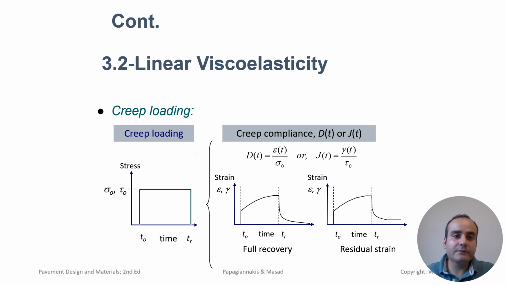So D of t is the creep compliance at time t. Epsilon of t is time-dependent strain, and sigma is constant applied stress.